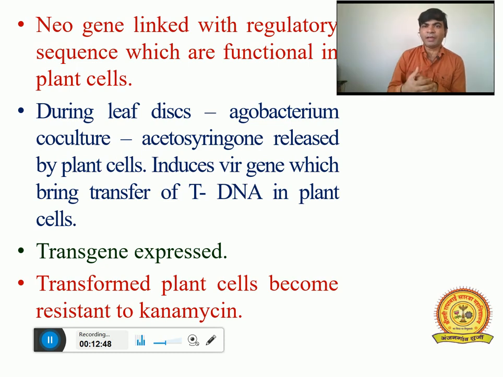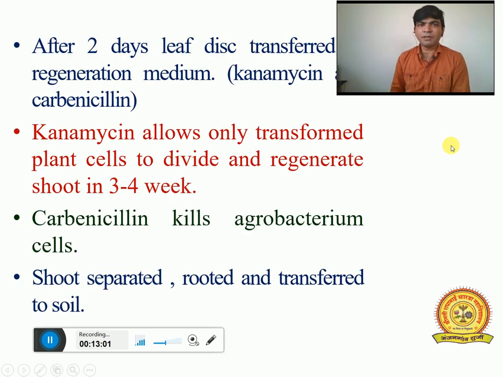Once that becomes activated, it brings the transfer of the T-DNA into the plant cell, and then the transgene undergoes expression. After the 2 days, the leaf discs are transferred to regeneration medium, where kanamycin allows only the transformed plant cells to divide and regenerate shoots in 3 to 4 weeks.